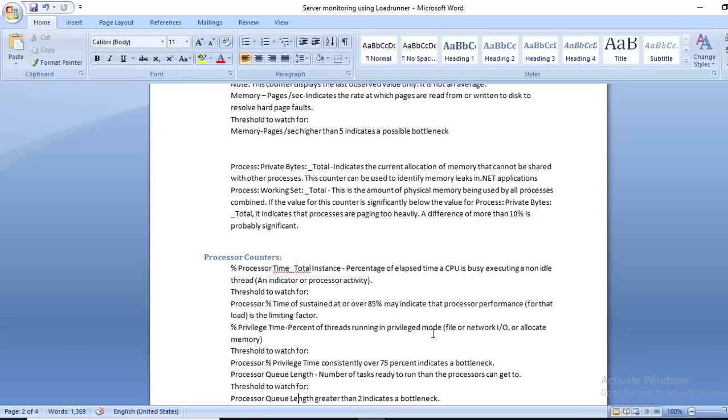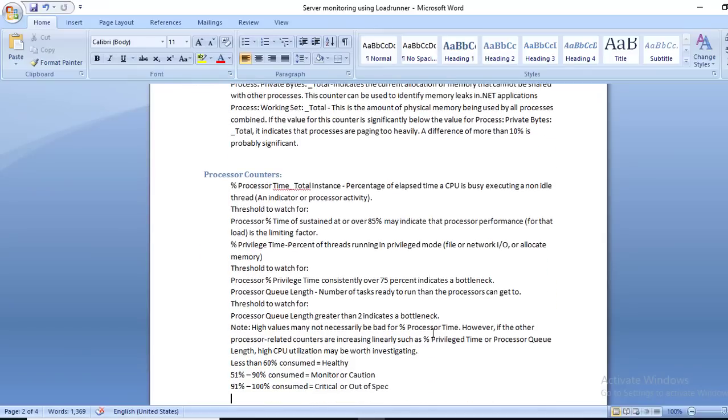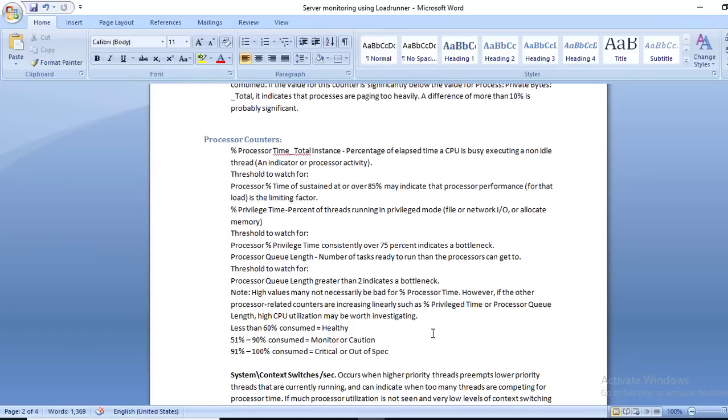Now processor counters, or process counter, or processor counter, related to CPU. Total is the percentage of elapsed time a CPU is busy executing a non-idle thread. Processor percentage time sustained over 85% may indicate that processor performance is the limiting factor.